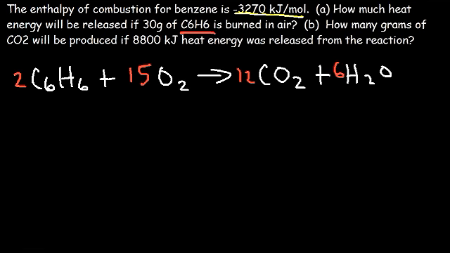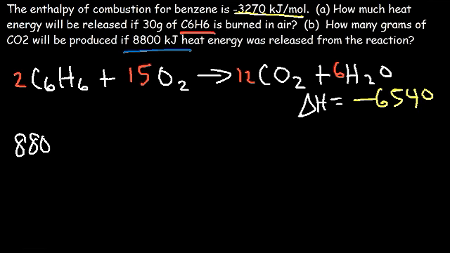And the energy change was 6540, but negative. So this time, we need to convert from kilojoules to grams of CO2. So let's start with what we have. That's 8,800 kilojoules over 1.